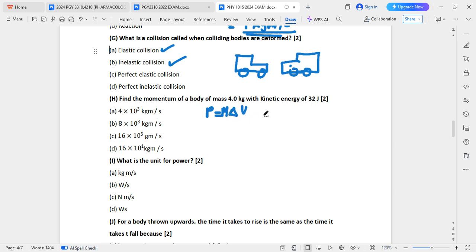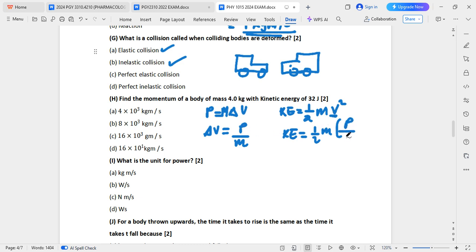But how do you calculate kinetic energy? Kinetic energy is given by half m v squared. That v, we can say it is a change in velocity squared. So you see from here I can make change in velocity the subject and substitute in the formula. So I'll say change in velocity is going to be equal to momentum over mass. And then this can give us kinetic energy being equal to half mass, where there is velocity squared, we'll put momentum over mass, and this will be squared.